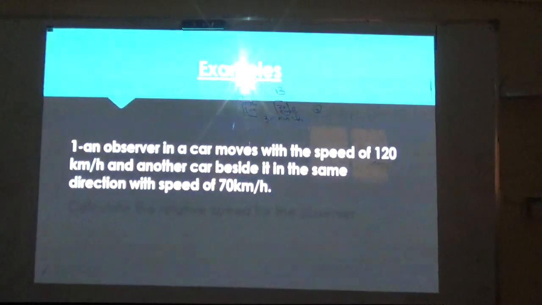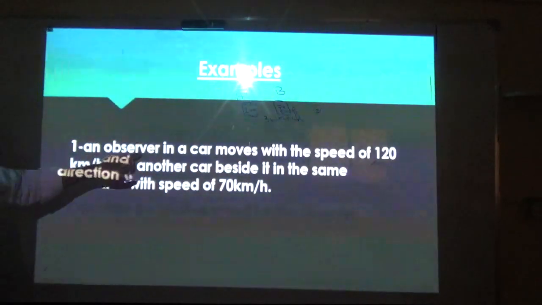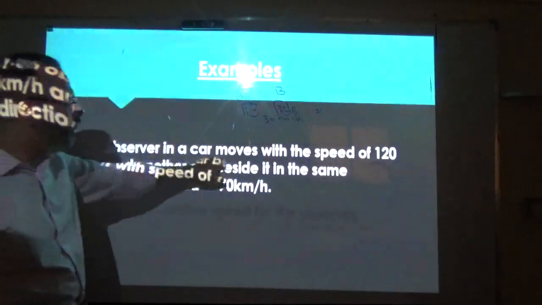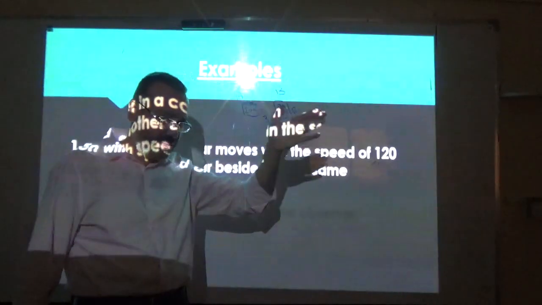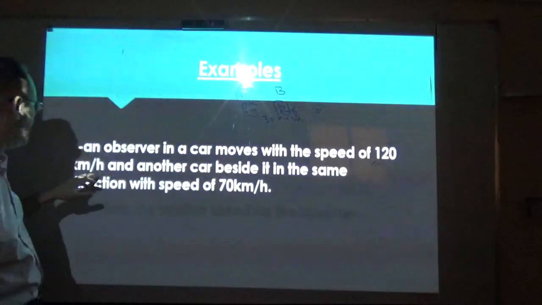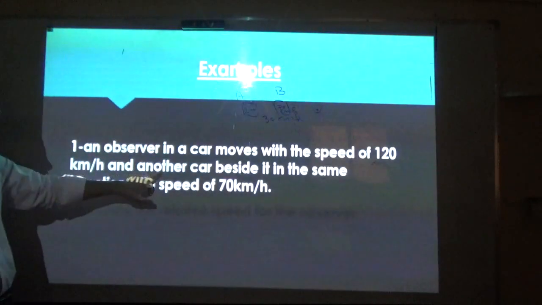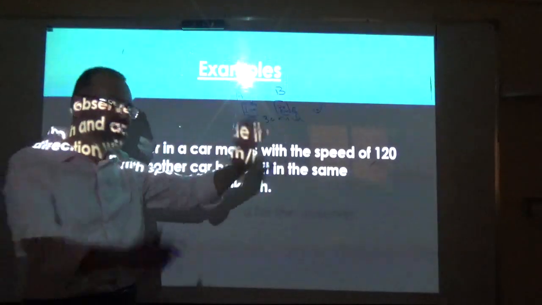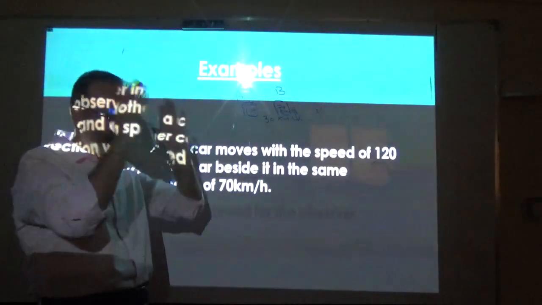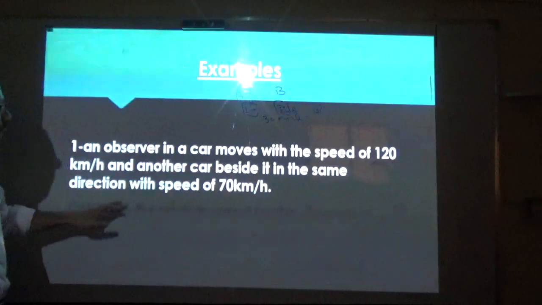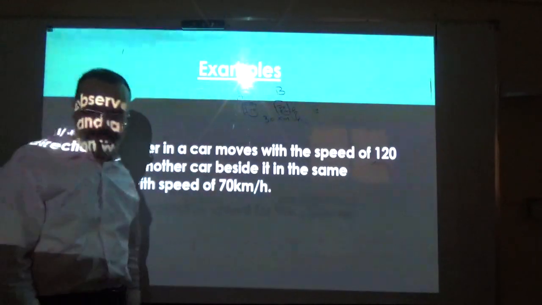Let's see some examples for the relative speed. Number one, an observer in a car moves with the speed of 120 kilometers, and another car beside it moves in the same direction with the speed of 70 kilometers per hour.